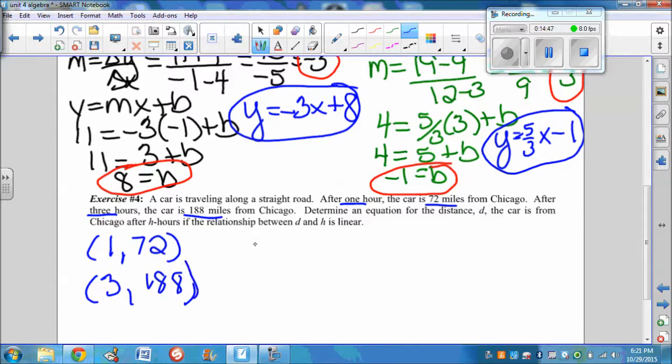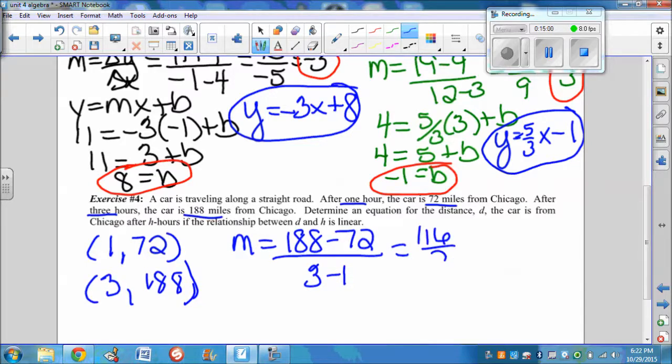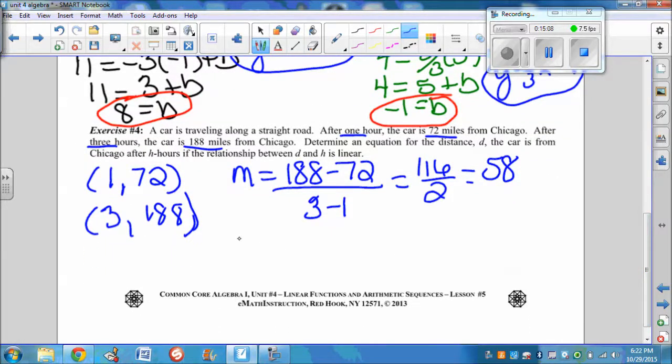Okay, so we're doing the same thing. The change in the y over the change in the x. So that is 116 divided by 2, and that simplifies to 58. There's my slope, or my average rate of change. And then I've got to find that y-intercept.